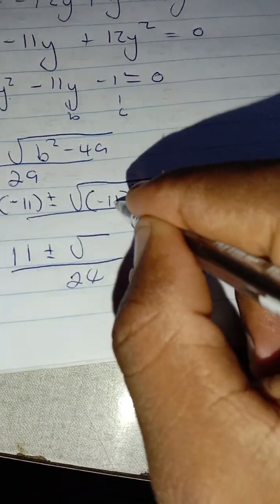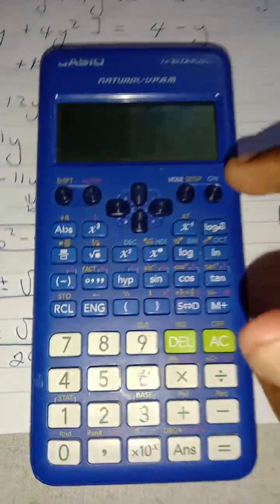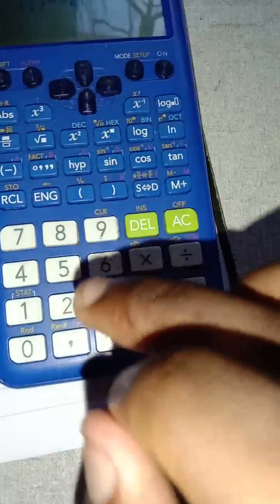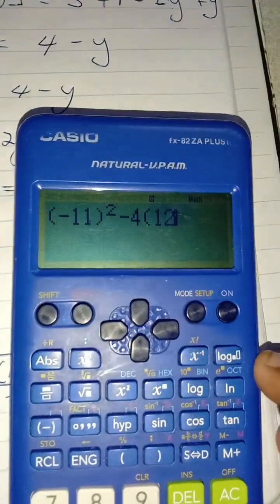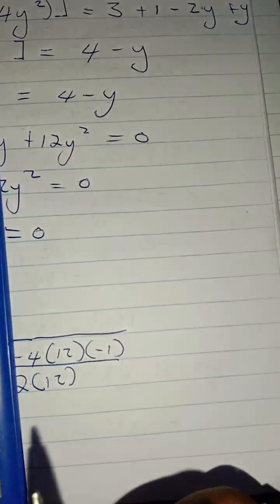And then you're gonna put this thing in the calculator, and then let's put it in the calculator. Negative 11 squared minus 4, 12. I want you to see this. This is negative 1, so it's 169.